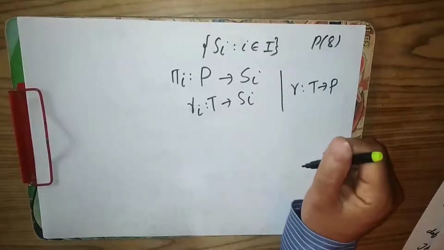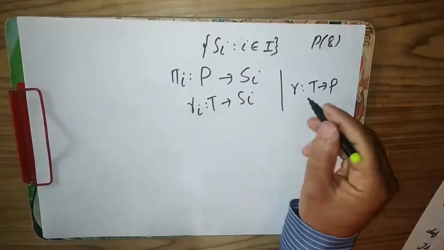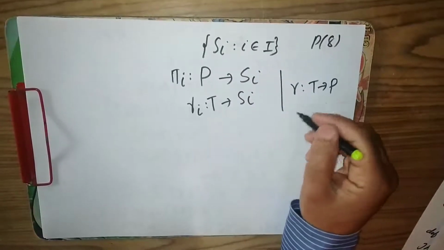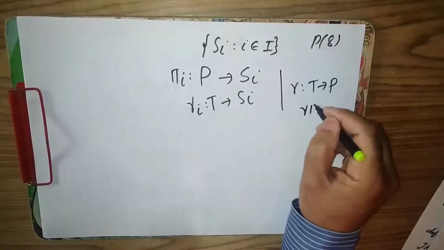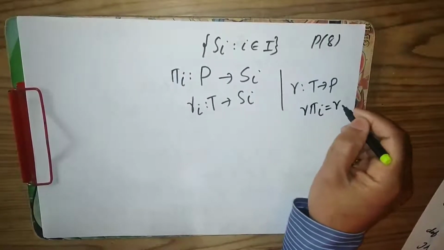It's T to P, P to Si, so that gamma pi i is equal to gamma i.